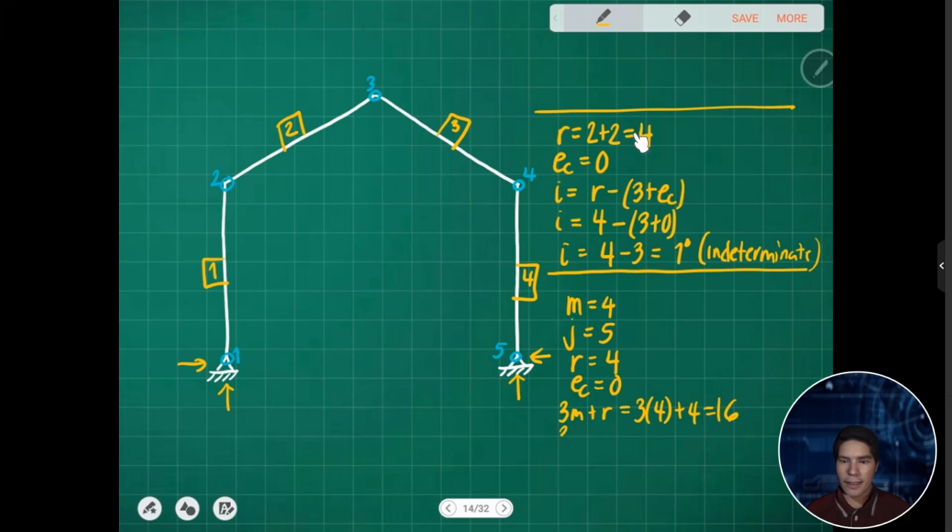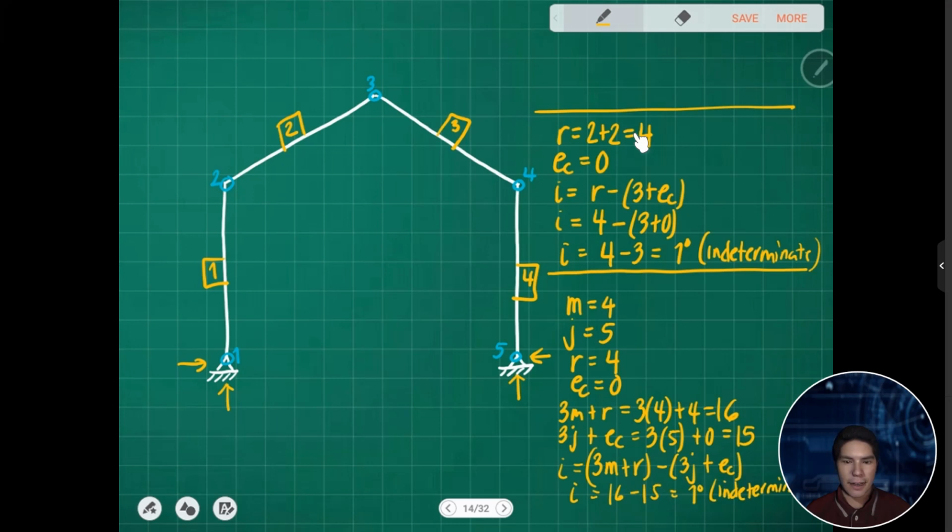And then 3j plus EC, we have 3 times 5 plus EC, which is 0, so therefore we have 15. So the I is 3m plus r minus 3j plus EC. So we have 16 minus 15, and that is 1 degree indeterminate.